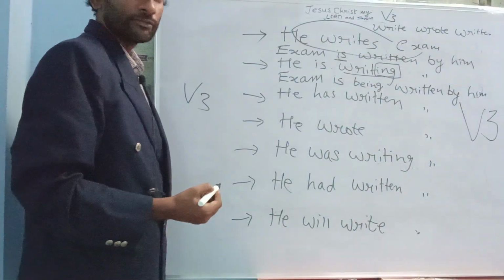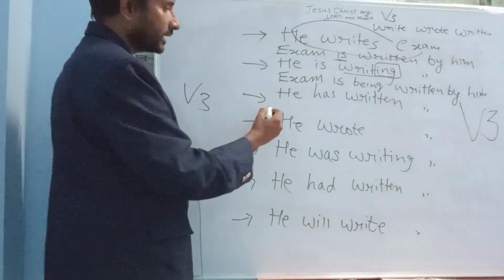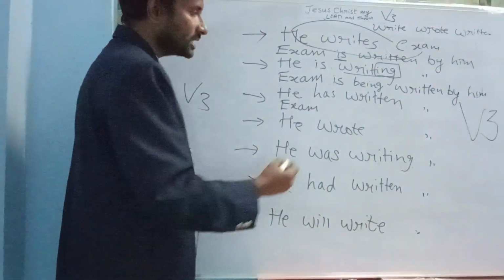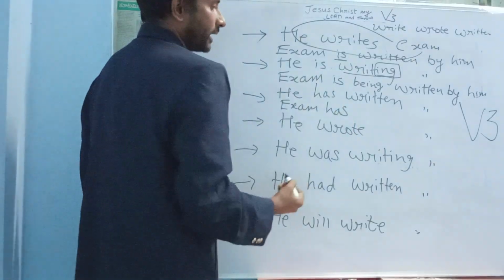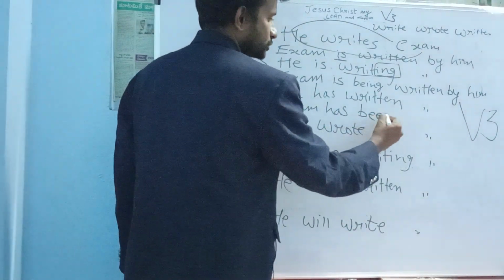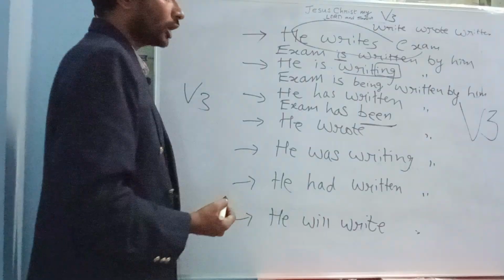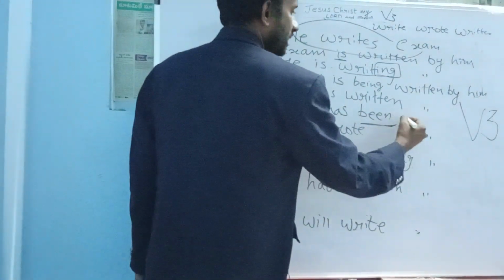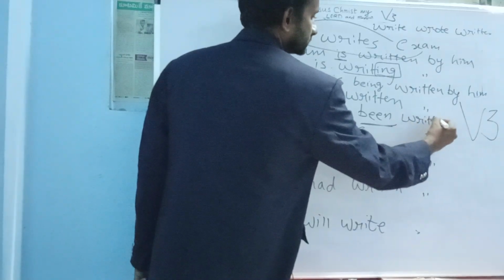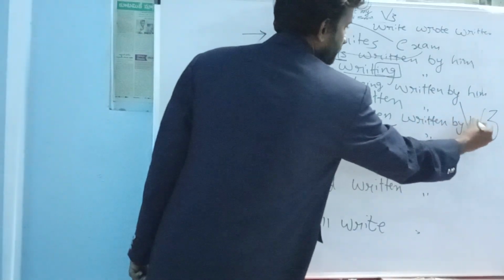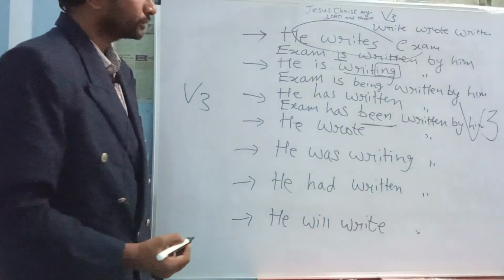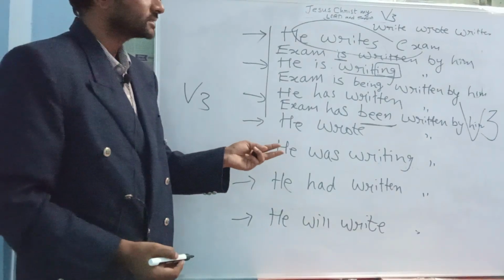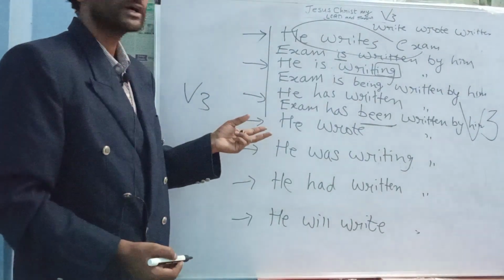Next, present perfect tense, he has written exam. Again take the object exam. Exam has been written. So been we have to use here in order to bring it into passive voice. He has written, exam has been written by him. Now you see this is all present tense. That's why we are using either has or is for changing.